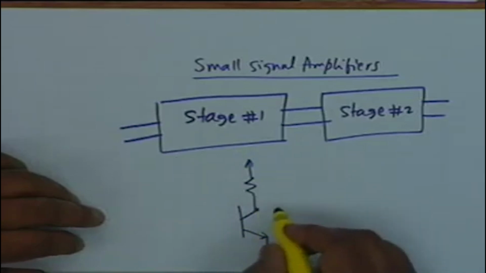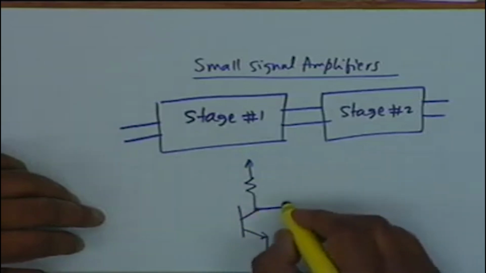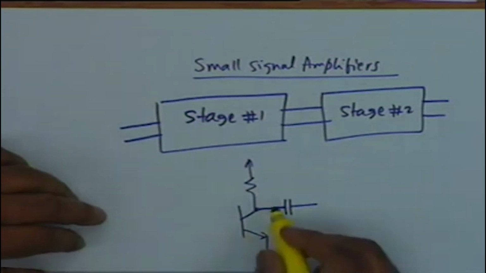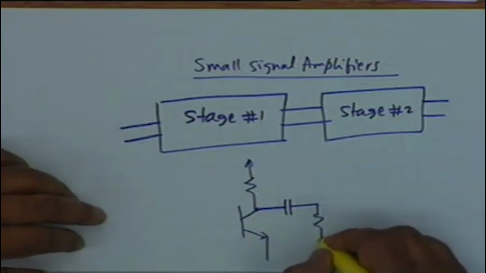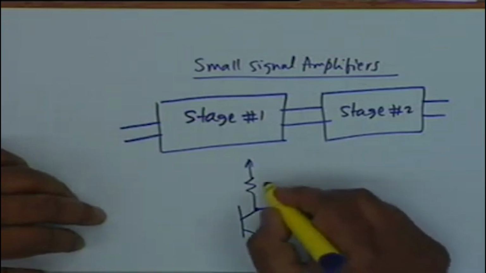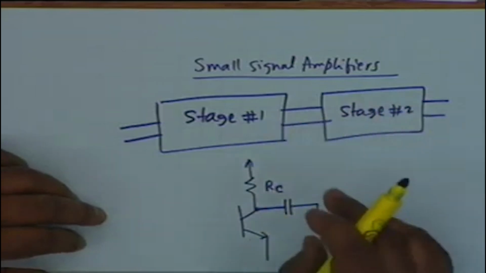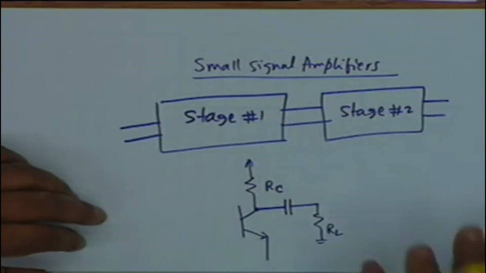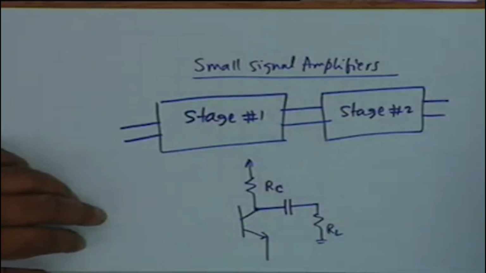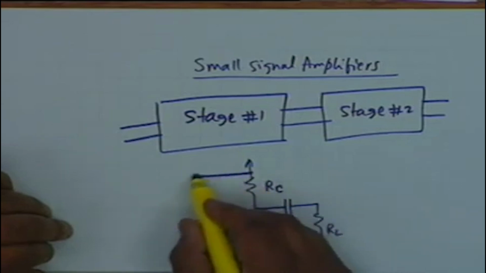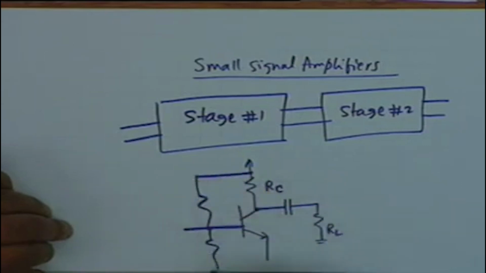Okay? Usually the load is to be decoupled from DC, and therefore use a capacitor and then the load. Okay? Maybe this is RL and this is RC. This coupling, stage 2 can be simply the load or can be another stage of amplifier. Okay? For example, input connection also, you know that you have a biasing circuit like this, and how do you connect the input?